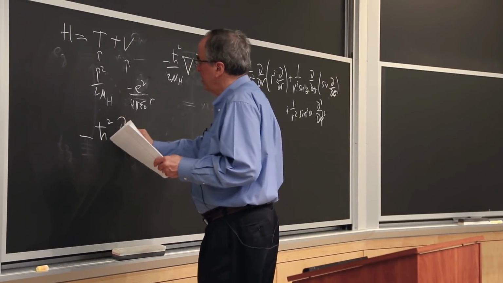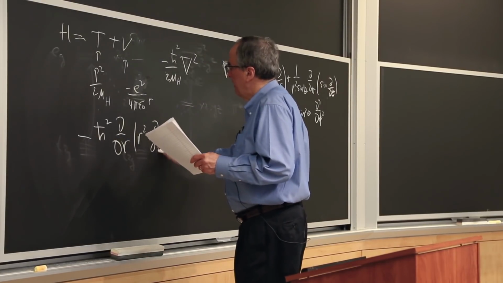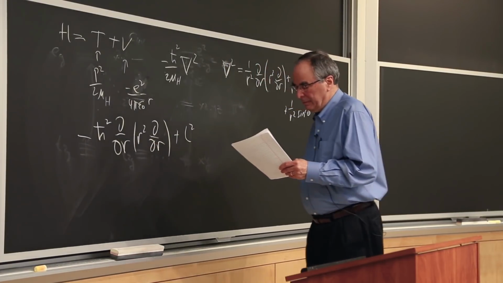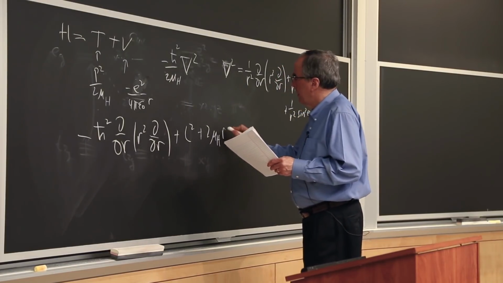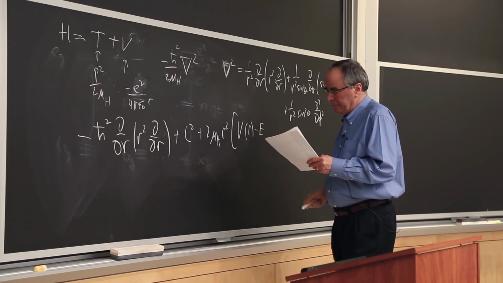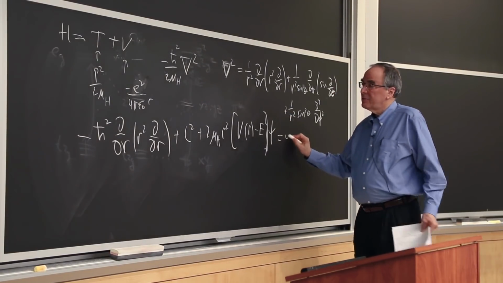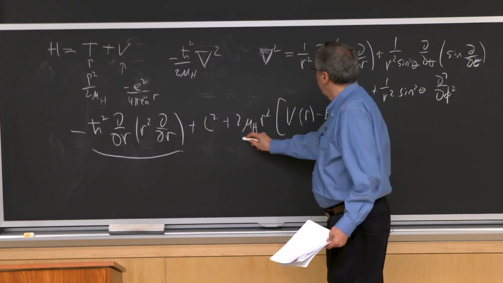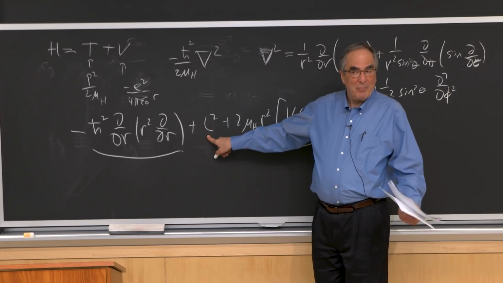And so partial with respect to r squared, partial with respect to r, plus L squared plus 2 mu over h bar squared r squared V of r minus E, psi. That's a Schrodinger equation. So we have an r-dependent term and another r-dependent term and a theta phi dependent term, all in this one nice operator that we've understood.